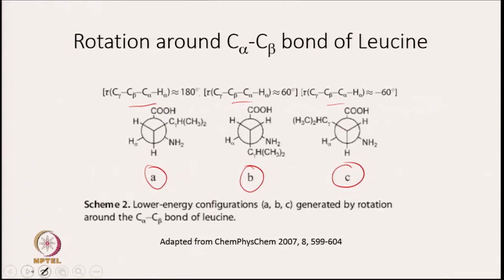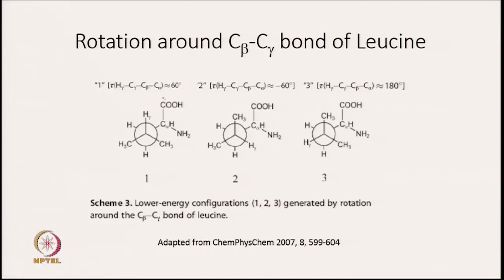Similarly, for C beta and gamma, again there will be 3 different angles, 60 degrees, minus 60 degrees, 180 degrees. So, you see this is the H gamma, then this is C gamma, and then the one below is C beta, and this is C alpha. This angle is 60 degrees. Similarly, minus 60 degrees and 180 degrees.